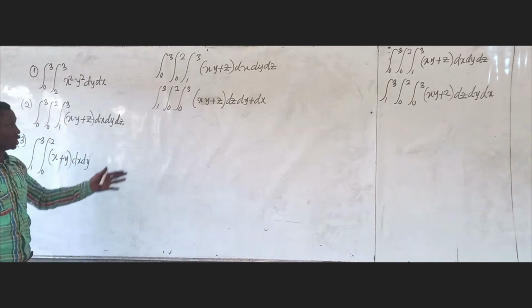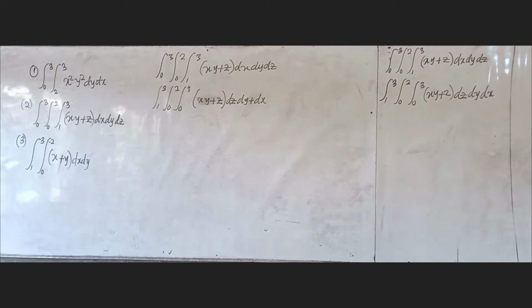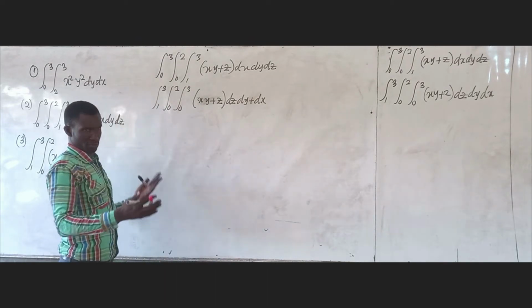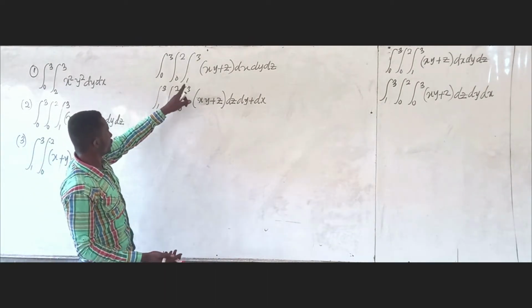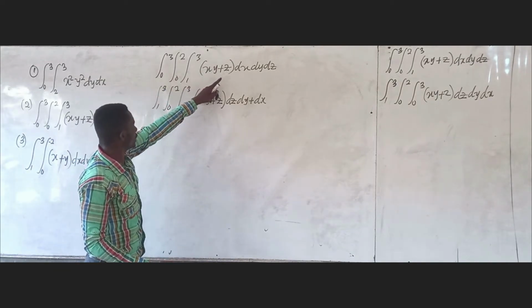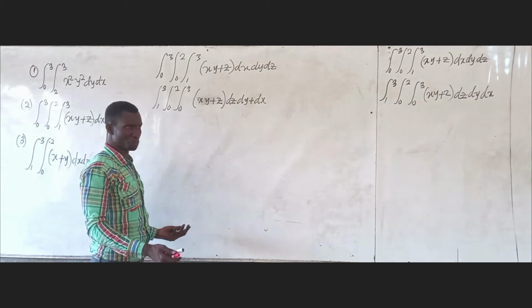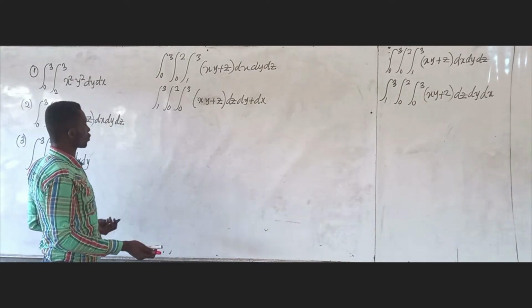So this is what I have to integrate. But I have just rearranged this one. You can start without rearranging, integrating 1 to 3 of dx, so that y and z will be constants.